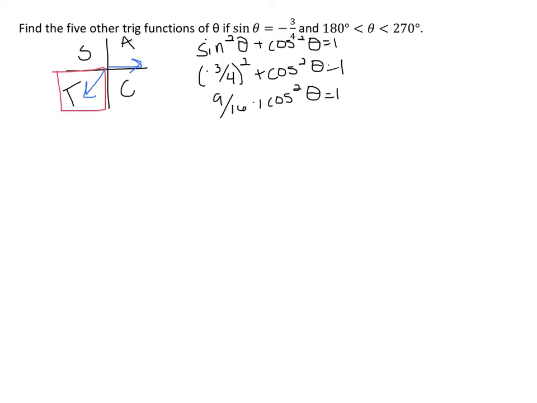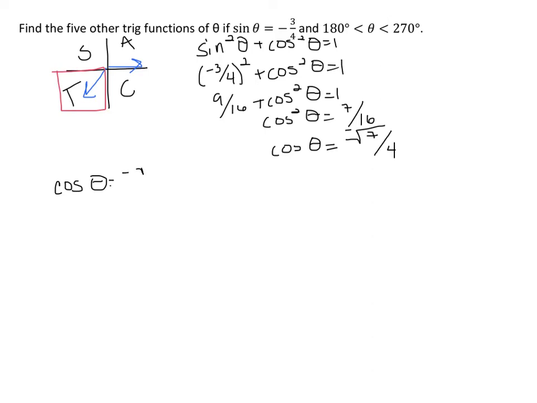I can then subtract 9/16 from both sides of the equation. And then I take the square root of both sides. Now remember, when you take a square root, your answer can be positive or negative. Knowing that this is a third quadrant angle, knowing that only tangent is positive, that tells me that this cosine is negative.